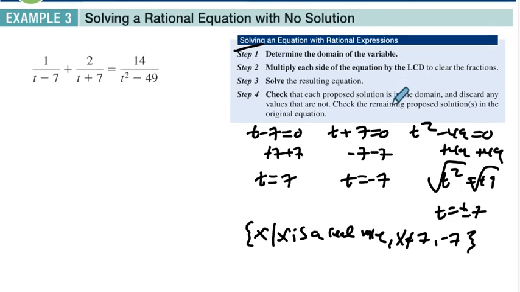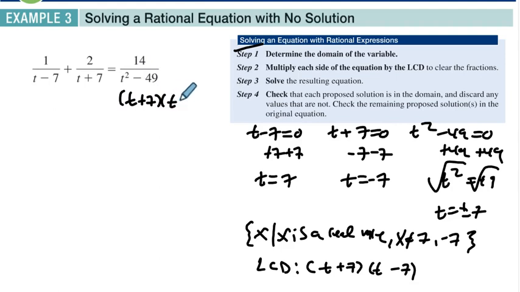Which then leads us to, what is our lowest common denominator? Well, if you think about it, this is t minus 7, this is t plus 7, and this right here is t plus 7 times t minus 7.